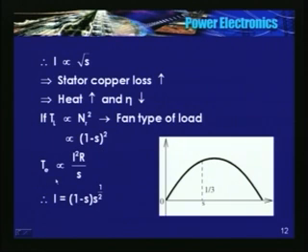Just now I showed you that T is proportional to I square R by S. This is nothing but the air gap power input. So T is proportional to I square R by S. So at steady state, and if I neglect the frictional and windage losses, these two should be equal.